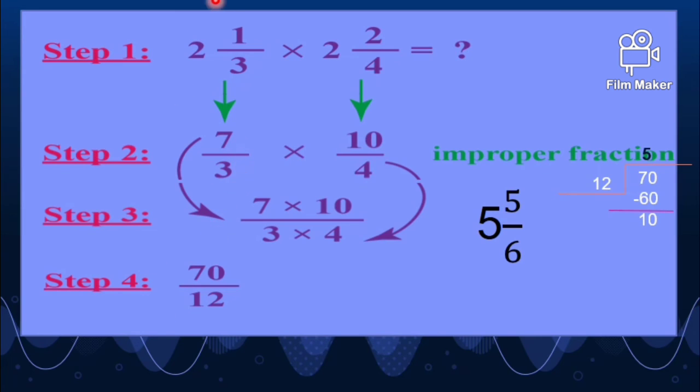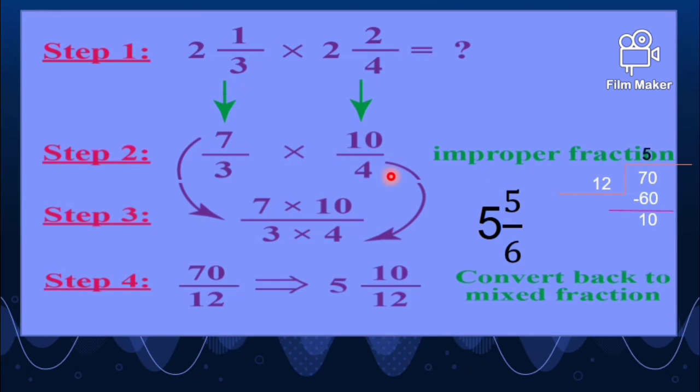Now we have 5 as the quotient, 10 as the remainder, and 12 as the divisor. So we write it as a mixed fraction: 5 whole 10 by 12.